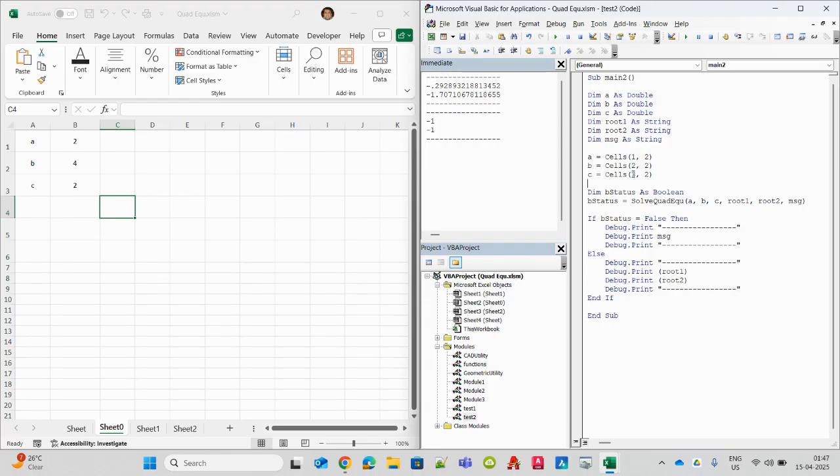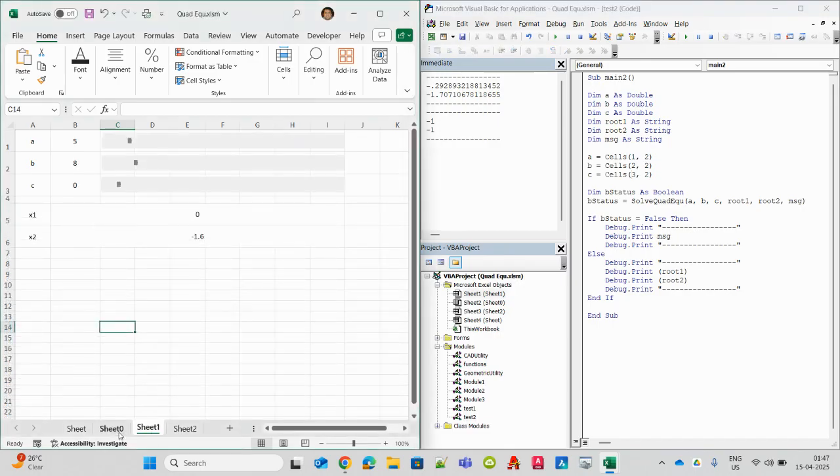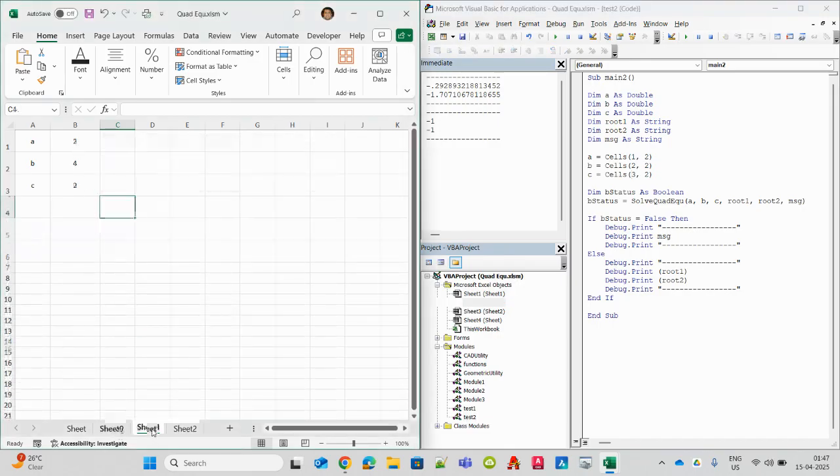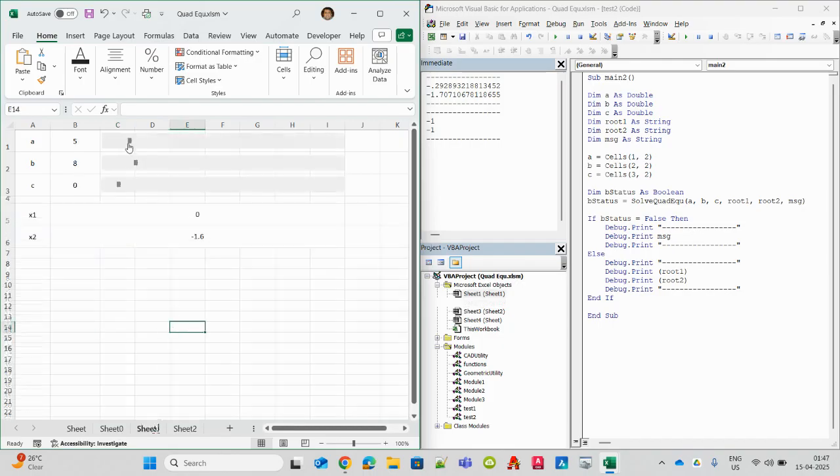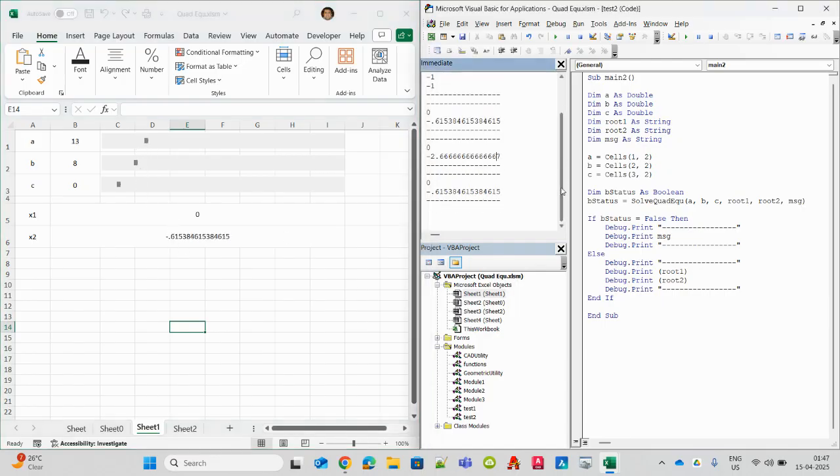Now these values are not really easy to understand, and changing those values manually is not so easy. So we can have sliders. As soon as we change a slider, the roots are printed here also.